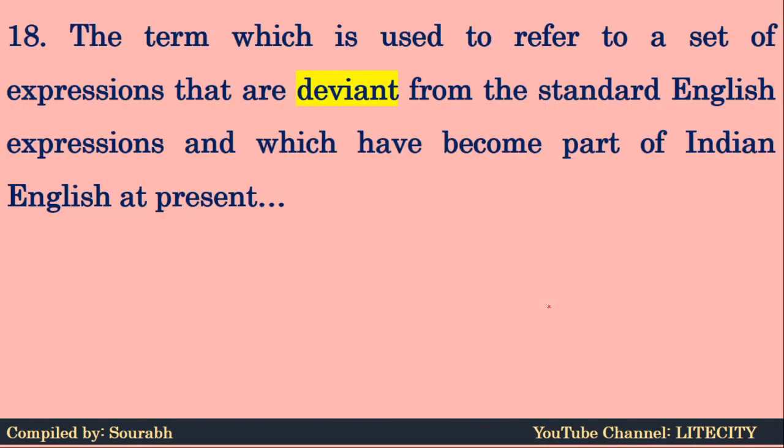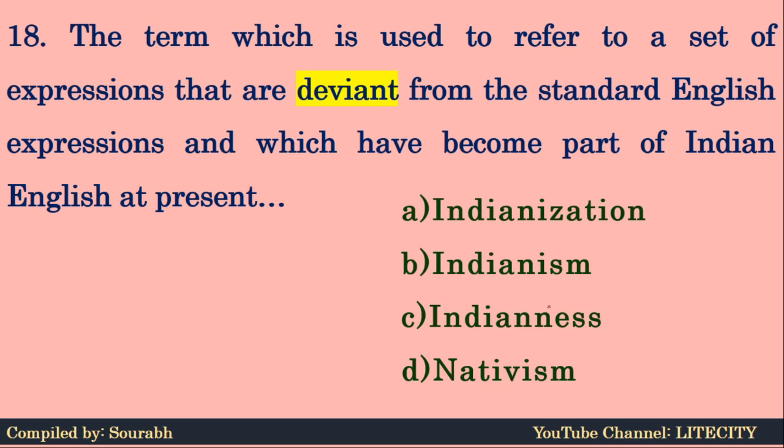The term which is used to refer to a set of expressions that are deviant from the standard English expression and which have become part of Indian English at present. So we have Indianization, then we have Indianism, then we have Indianness, and lastly we have nativism. You have to find out which term points out deviation from the standard English. So the correct answer, dear friends, is Indianism.